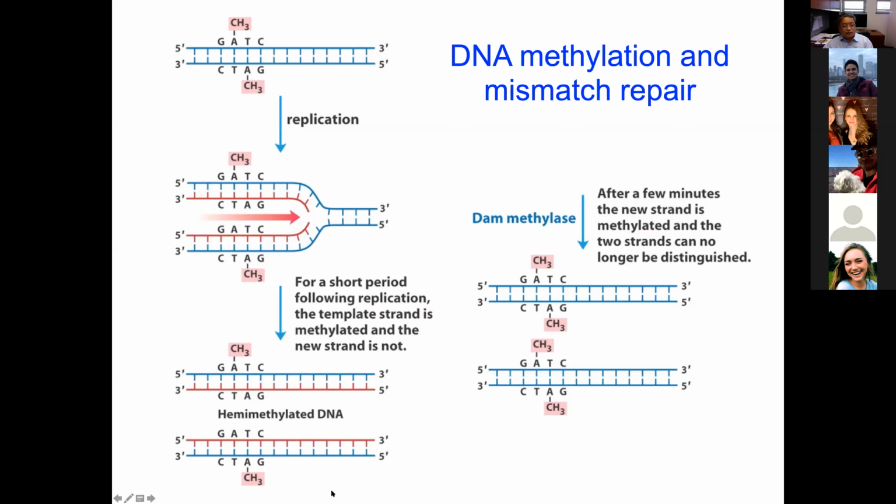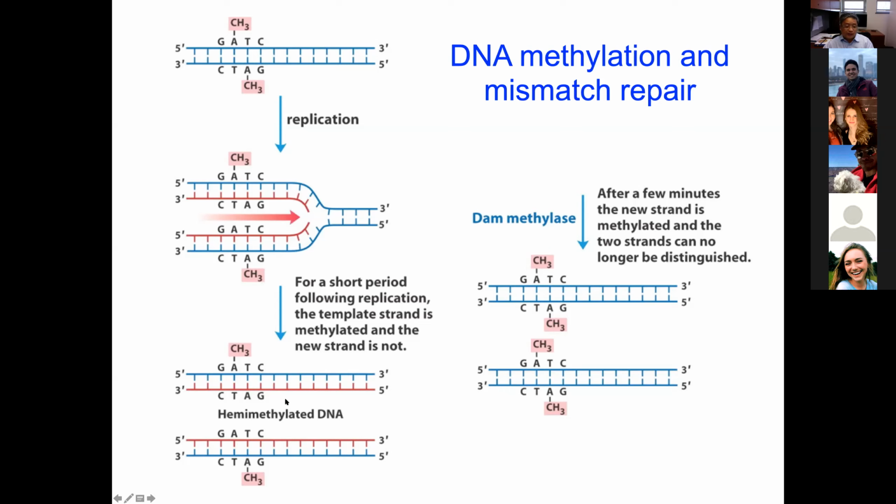So at this stage, the cell cannot distinguish which one is the original template and which one is newly synthesized. And after a certain period of time, the newly synthesized DNA is recognized and modified, and then the cells cannot distinguish between the two strands.